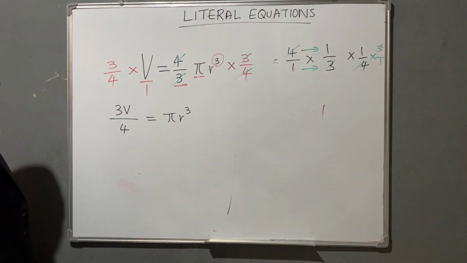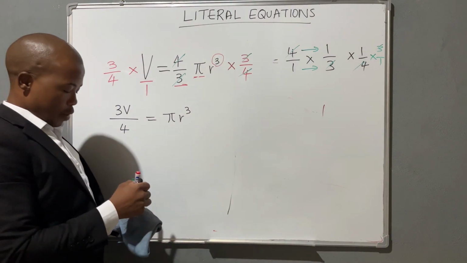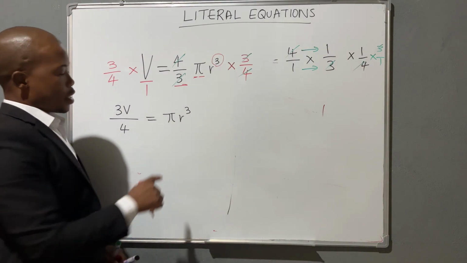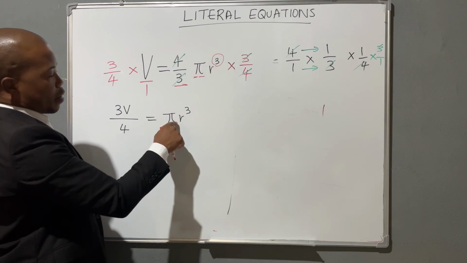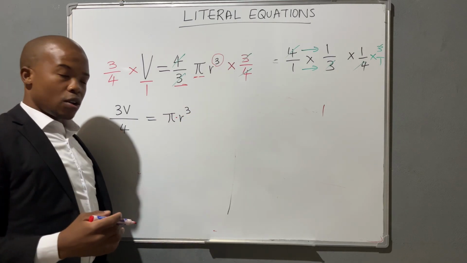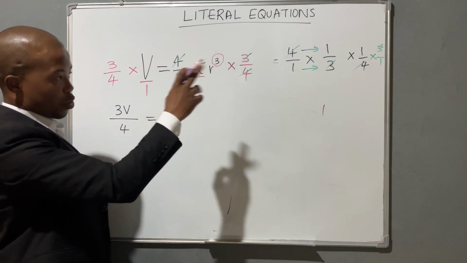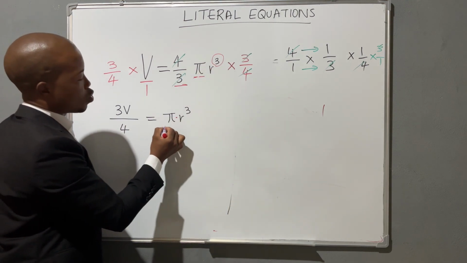Now, what are we supposed to also get rid of? This pi here, right? It is pi multiplied by r cube. So since it's multiplying, we can get rid of it using the multiplicative inverse like we did there. We can simply just do what?